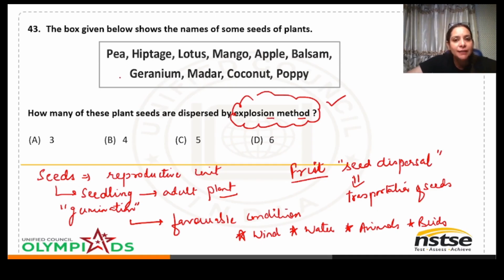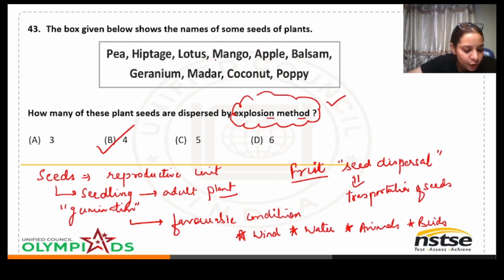So out of pea, hyptage, lotus, mango, apple, balsam, which one gets dispersed through it? So that is basically option B. Four seeds of the plants are there which get dispersed through this method.